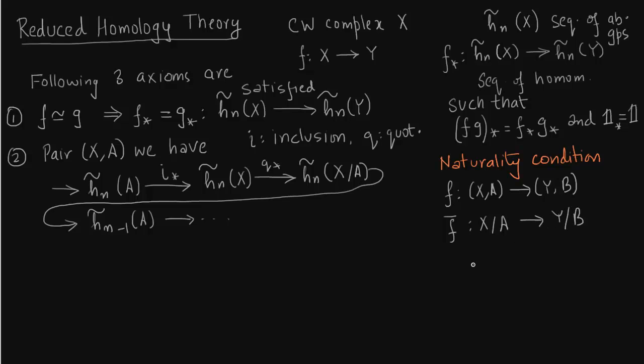So the naturality condition or the naturality axiom tells us that the following diagram would be commutative. So basically you have precisely the naturality condition we have described before between these two spaces.